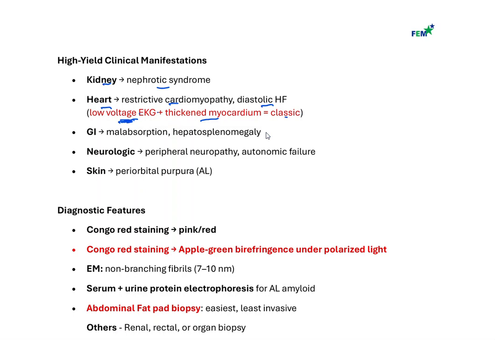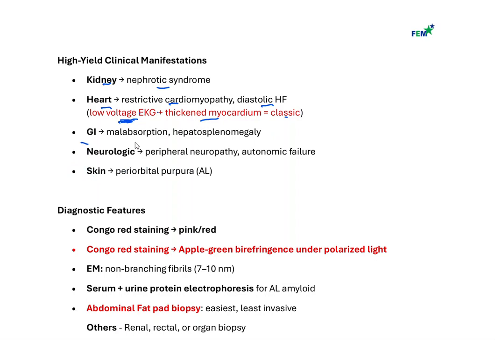Remember, as opposed to hypertrophic cardiomyopathy, whereby you're also going to see thick myocardium, but in those patients, you're going to see what? High voltage on the EKG. And what does high voltage mean? It means that if it's a low voltage, the QRS will be very small. And if it's high voltage, the QRS will be very big. Very good.